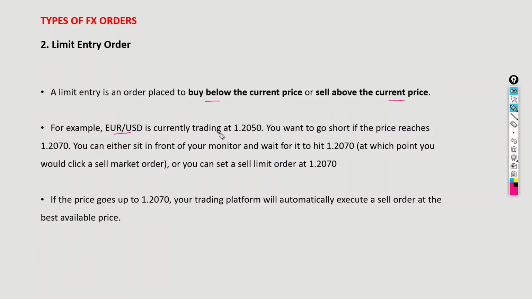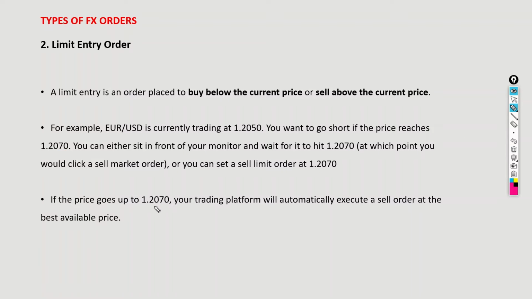For example, if the Euro dollar is currently trading at 20.50, I said we can skip the 1 point, it's not necessary, so we sound it as 20.50. You want to go short, or you want to sell. Short means to sell. If the price reaches 20.70, you can either sit in front of your monitor and wait for it to hit this, at which point you would click sell market order, or you can set what we call a sell limit order at the price you want to sell at.